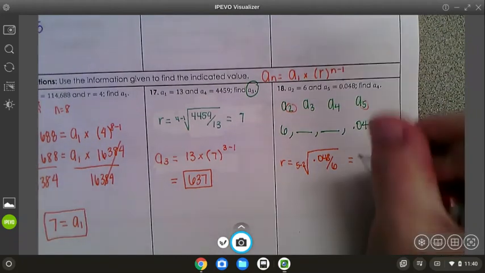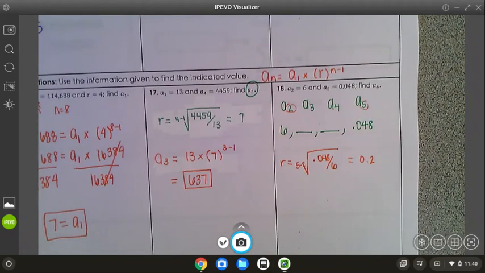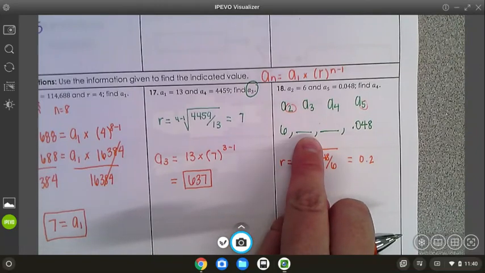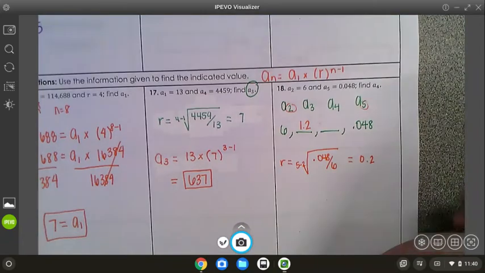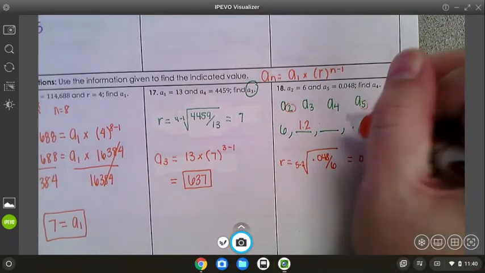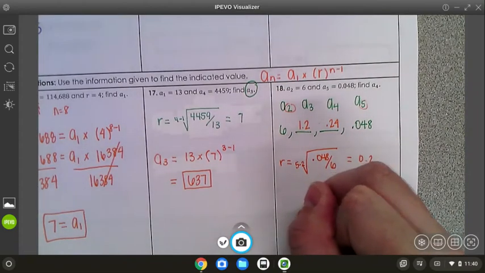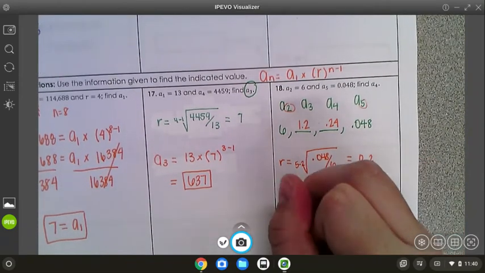And you should get 0.2 for your R. So if we start at 6 and we multiply by 0.2, we get 1.2. Multiply by 0.2, we get 0.24. And so A4 is 0.24.